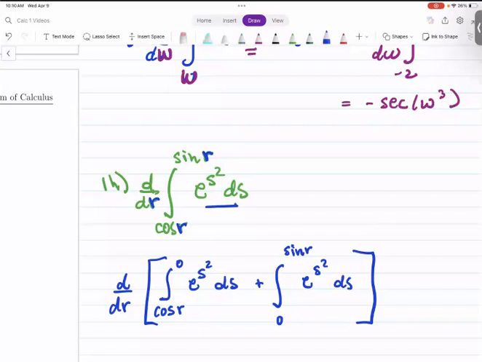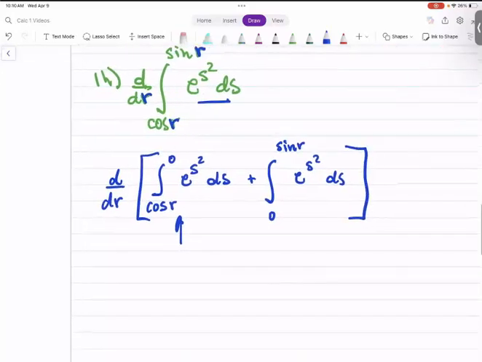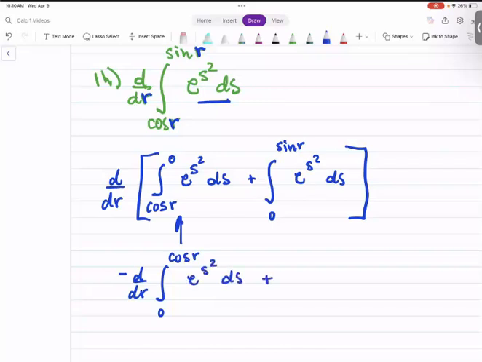Now we have one more issue, and that is that this one right here is in the wrong order. So we're just going to flip it. So we get the negative d/dr of the integral from 0 up to cosine of r of e to the s squared ds plus regular d/dr of the integral from 0 up to sine r of e to the s squared ds.